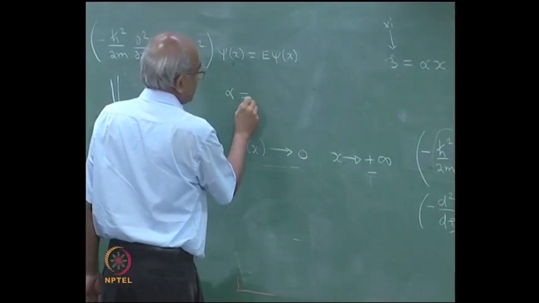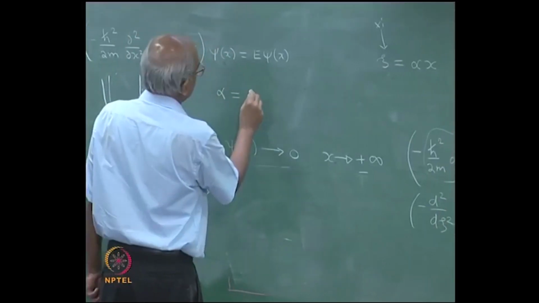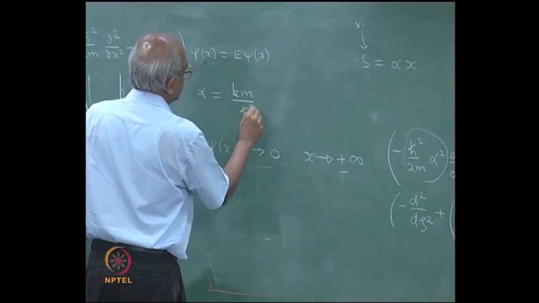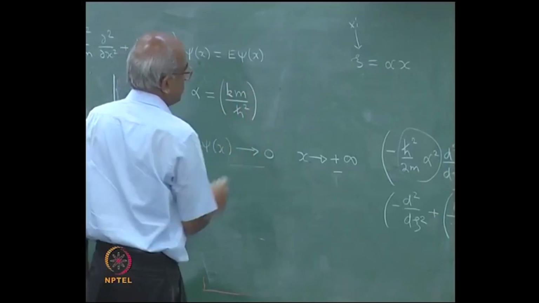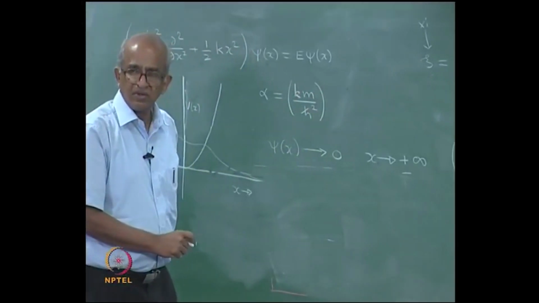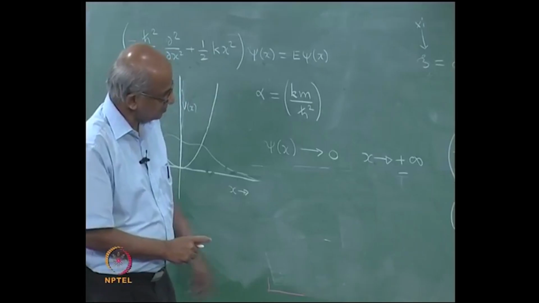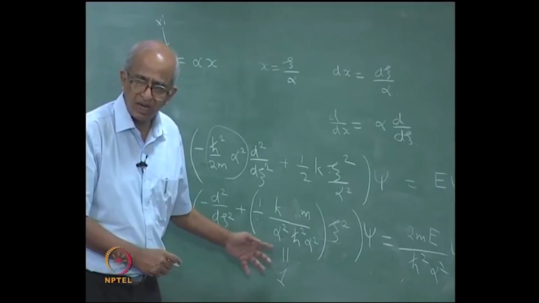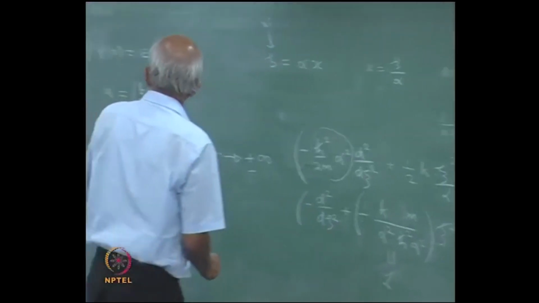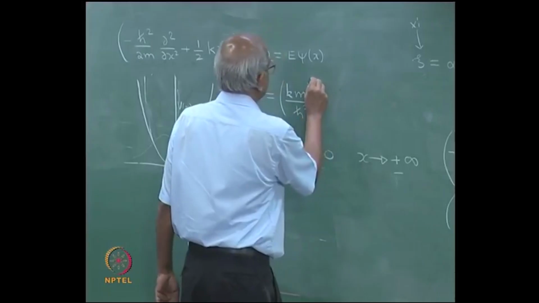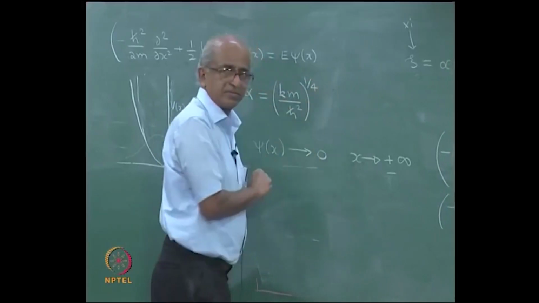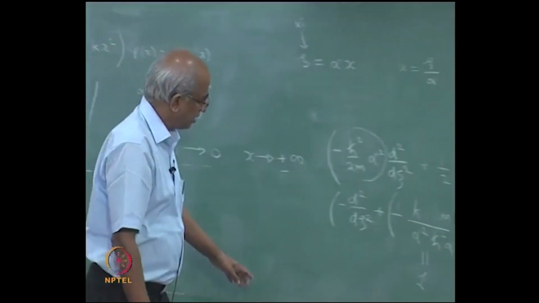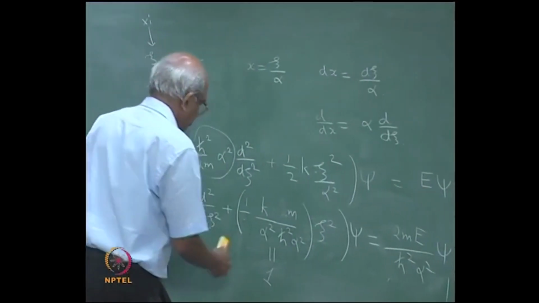If I define alpha to be k into m divided by h cross square to the power of how much? I want this to be equal to 1. So, what should I choose alpha to be? It has to be k into m by h cross square to the power of 1 by 4. If I chose that, then I am happy because this is equal to 1.